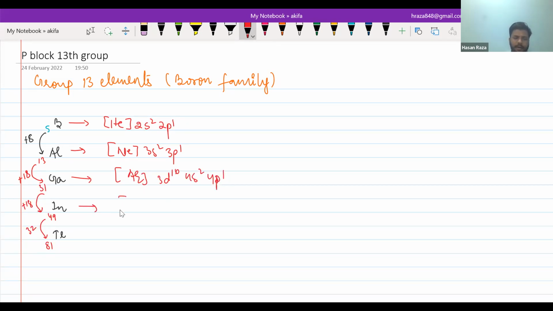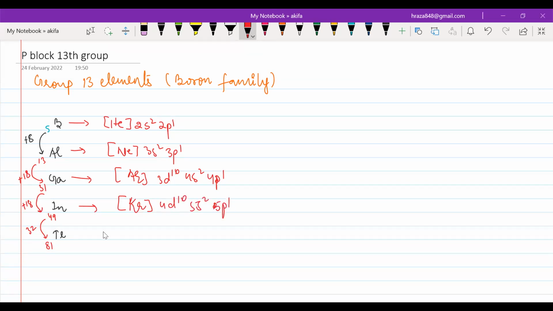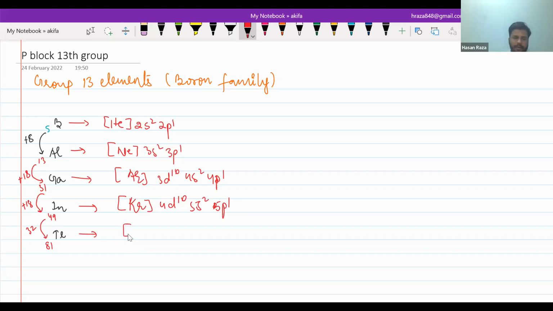Again indium, after argon comes krypton, and it will be 4d10 5s2 5p1. And for thallium it will be xenon, 4f14, then 5d10, and then 6s2 6p1. This is the electronic configuration of group 13 elements.